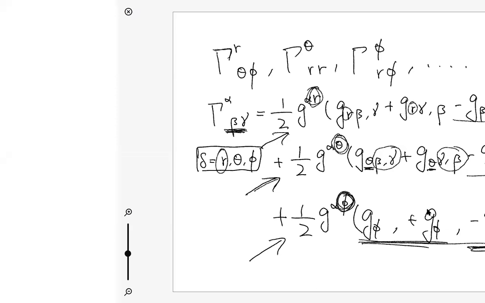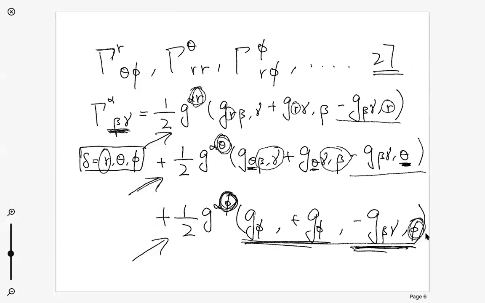Okay, very good. Beta, gamma, gamma, beta. Very good. So it seems that you guys have got the big picture about how to do this and how to manipulate the indices in the correct way.